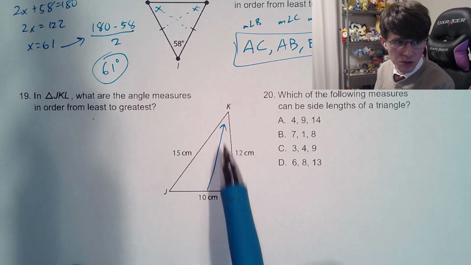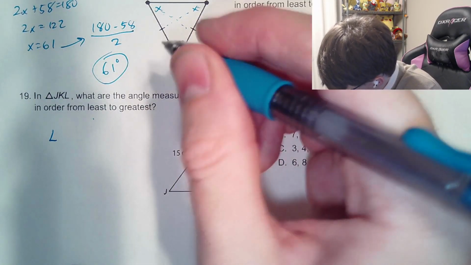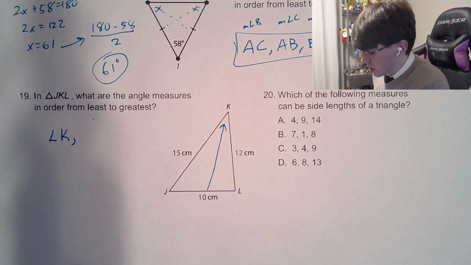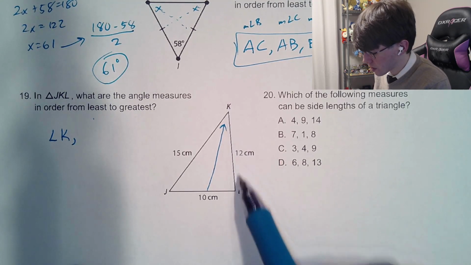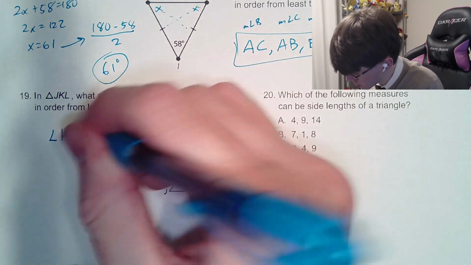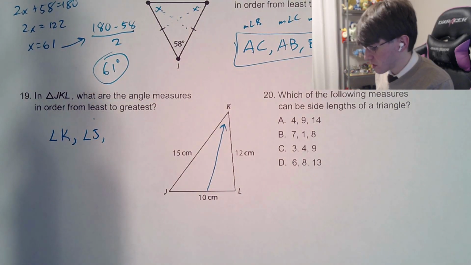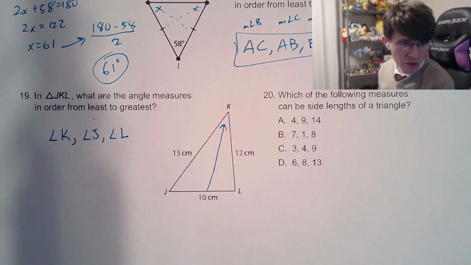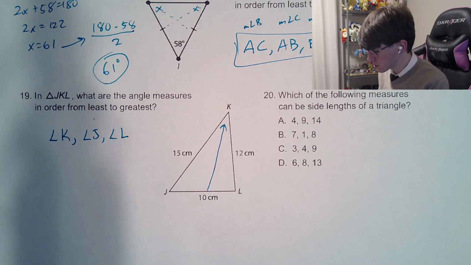So the JL goes with the letter K. So we could write angle K is the smallest measure, and then the next smallest measure is going across from the 12, which is the KL, the letter that it doesn't touch, which is J. So then we have angle J, and last but not least, we're going to have angle L. Look at that, an angle and then an L. It looks like the same thing. These are all angle symbols. Angle, angle, angle, by the way, just a heads up.